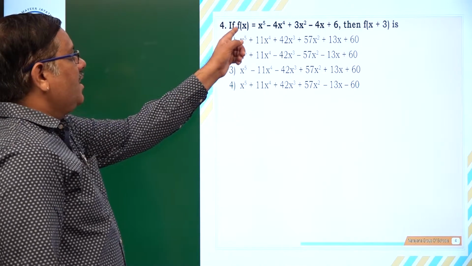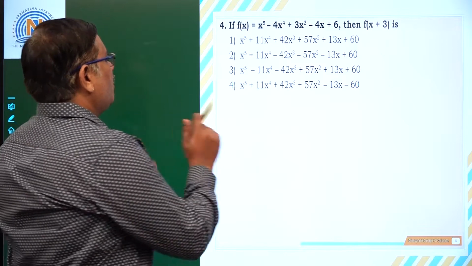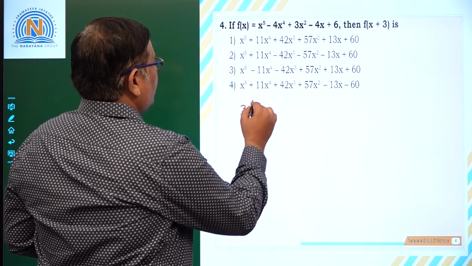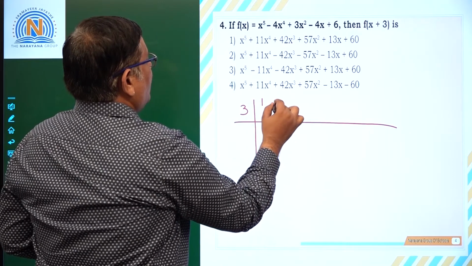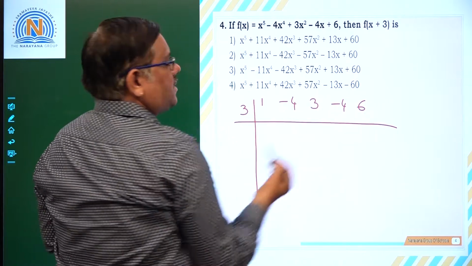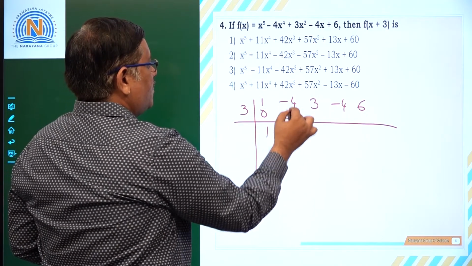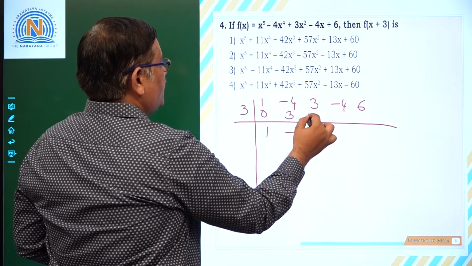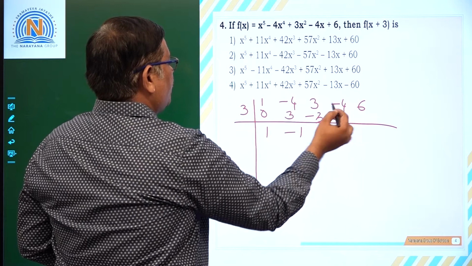Here also f of x is given. Then what is f of x plus 3? Straight away, what I am trying to do is I take x is 3, coefficients 1, minus 4, 3, minus 4, 6. 0 here. 1, 3 ones are 3. So minus 1, 3 into minus 1 is minus 3. So we get 0. 3 times 0 is 0.